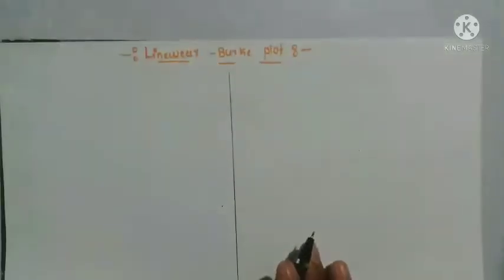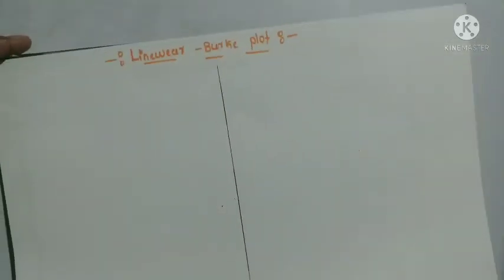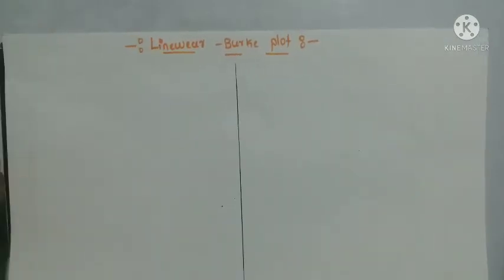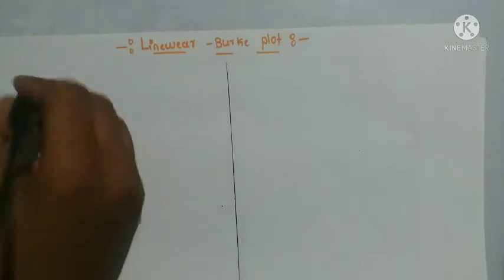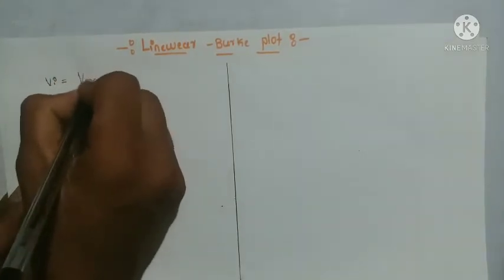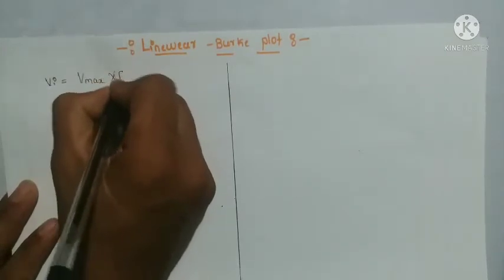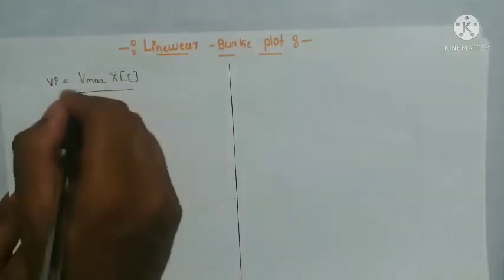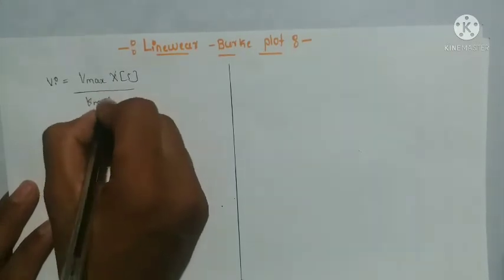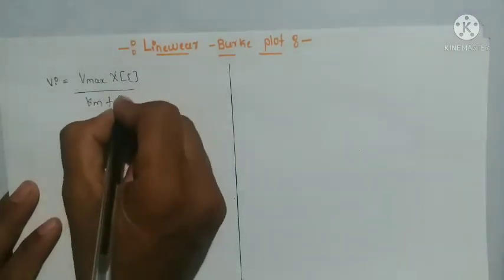First of all, this Lineweaver-Burk plot is the reciprocal of the Michaelis-Menten equation. First write the Michaelis-Menten equation: V equals V maximum into substrate divided by Km plus substrate.